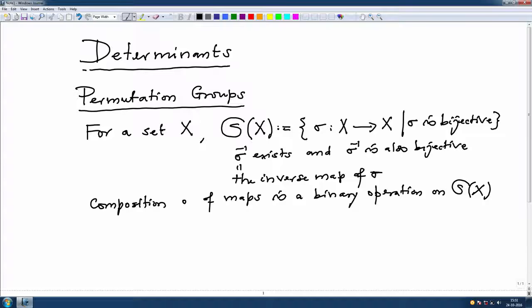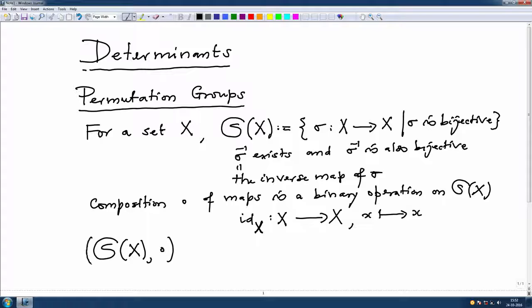It has an identity element, namely the identity map of X. This is the map from X to X which maps every x to itself. So therefore, this S_X under composition is a group.